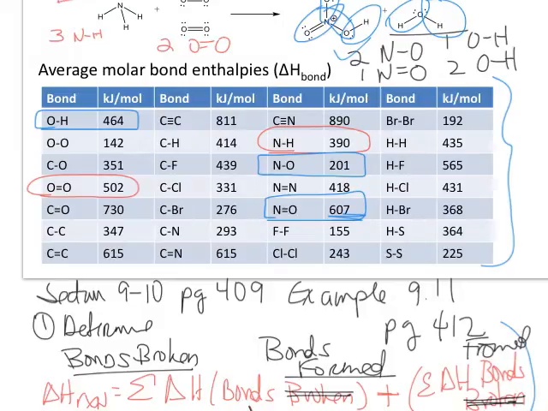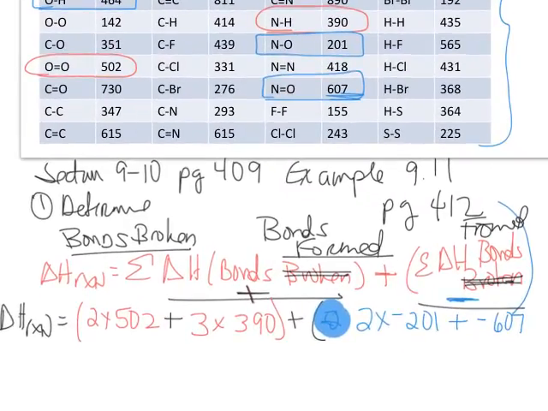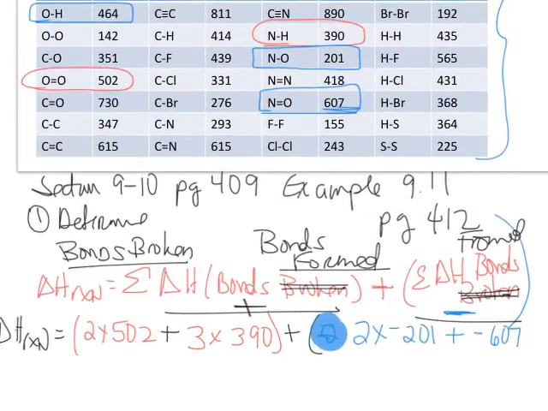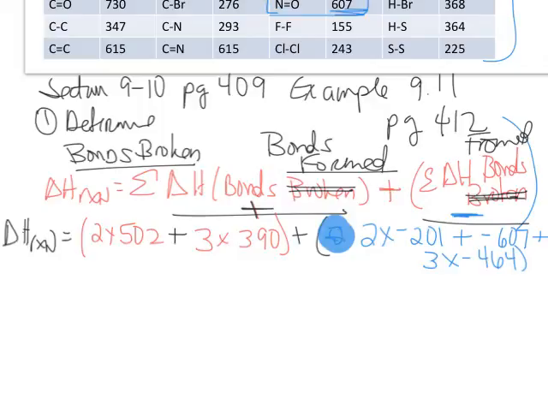We actually had 3 OHs. So there's our OH here, 464. So we had plus 3 times negative 464. And when we solve this, let me get my calculator real quick.